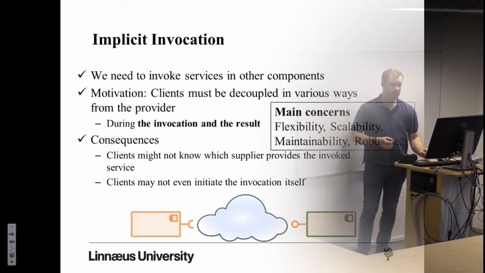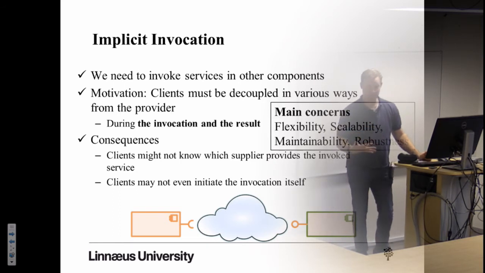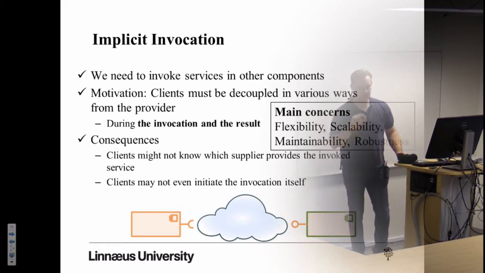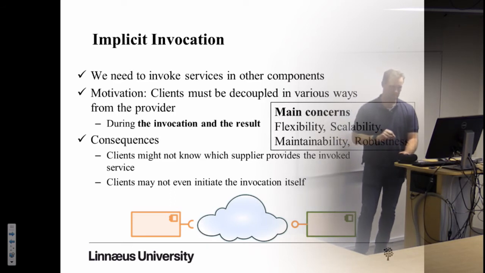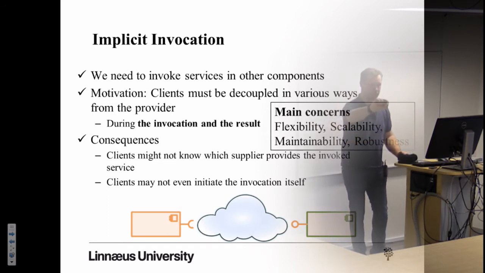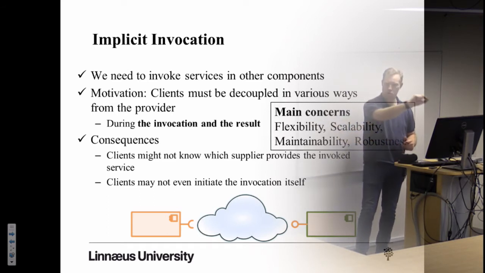So flexibility, you will get scalability, because the broker here can be a load balancer and say that, hey, service A is busy, we go for B. And robustness, of course, if A is down, you go for B, or C, or D.